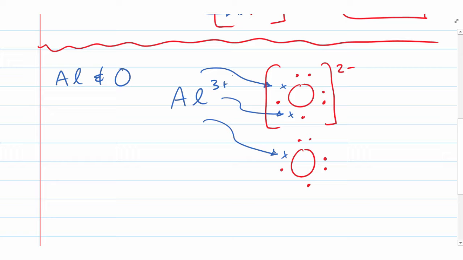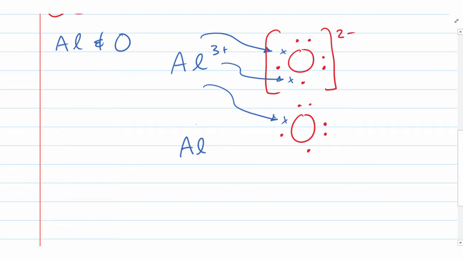Problem though is this oxygen needs 1 more. So what do we need to do? Add another aluminum. And that aluminum will have how many valence electrons? 3. So you put in the 3, we transfer one of those electrons over to the oxygen. That's fine and dandy. But this aluminum now has the outer level filled. And because it's picked up 2 extra electrons, its charge is 2 negative.